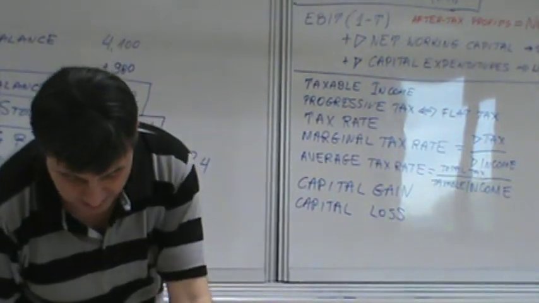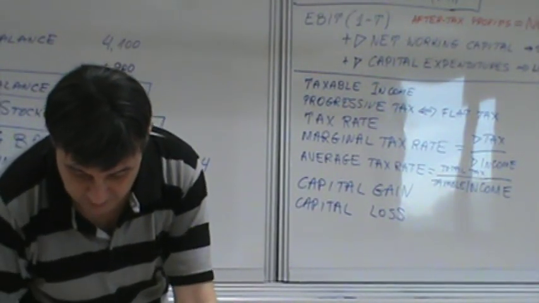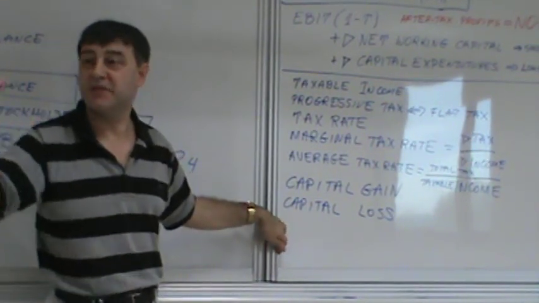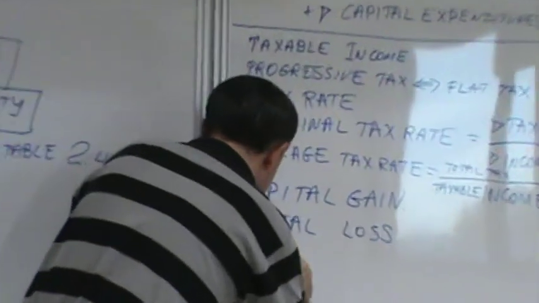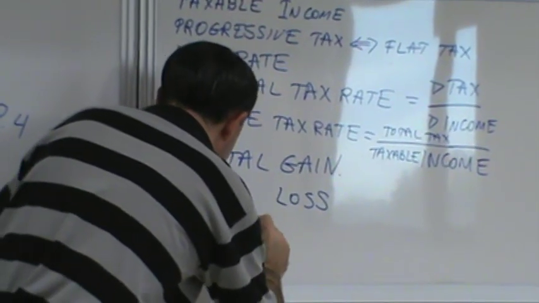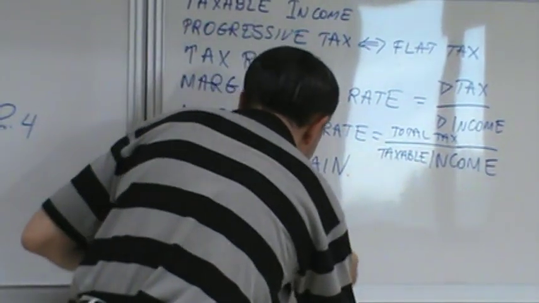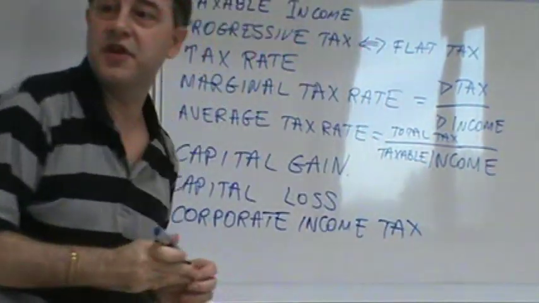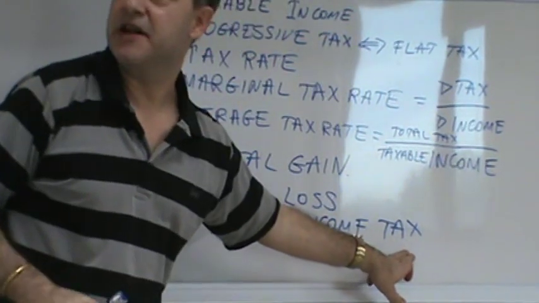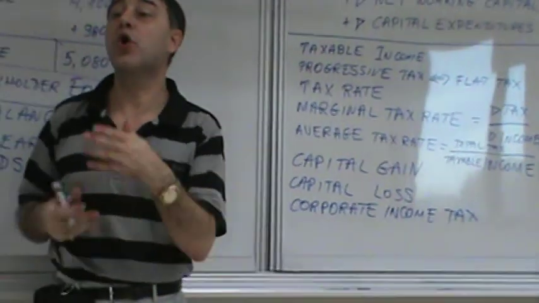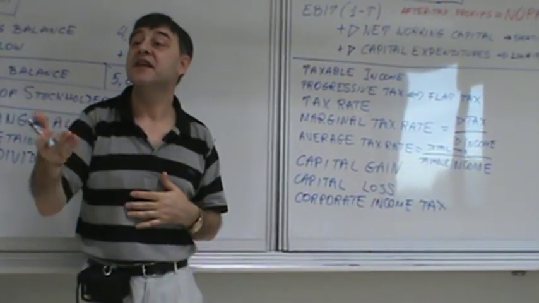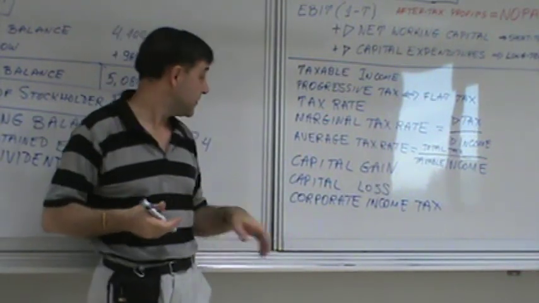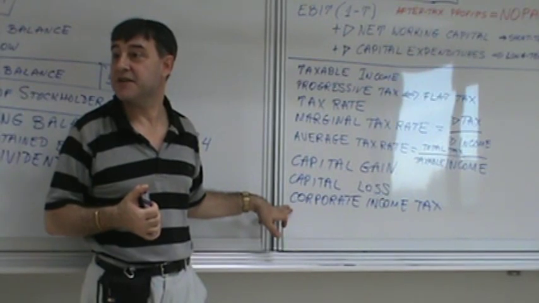Okay, and you have one last piece, which is just known as corporate income tax. Corporate income tax is simply a tax on corporate profits, on net income, or on the taxable income of corporations. That's corporate income tax, okay?